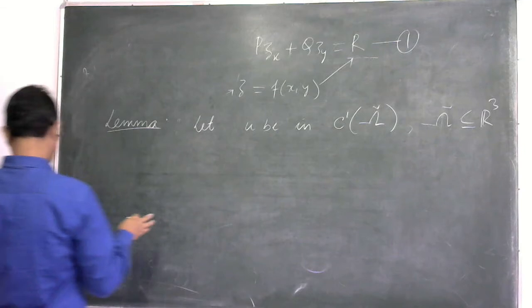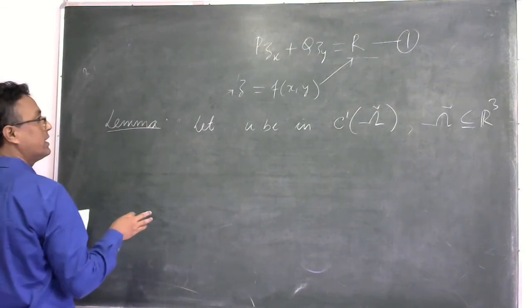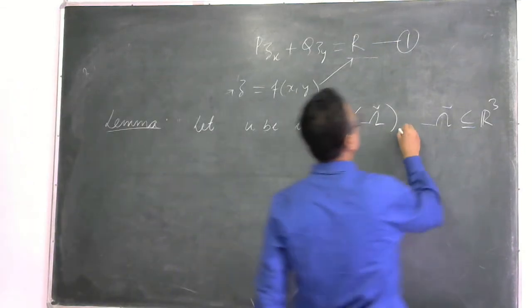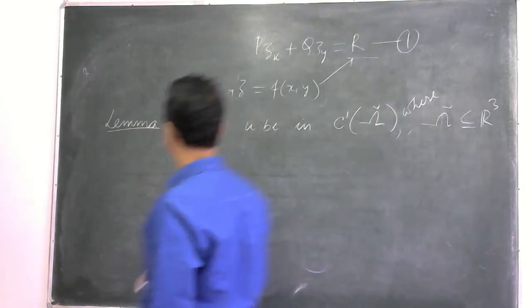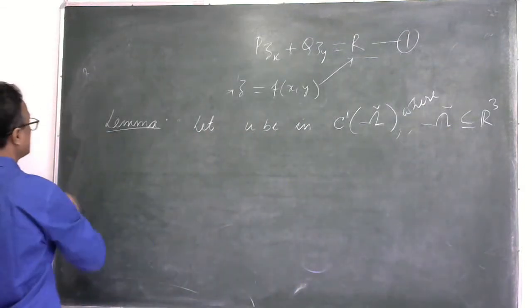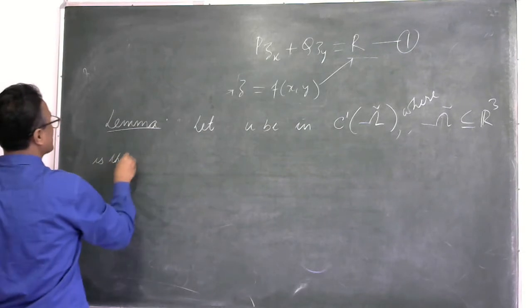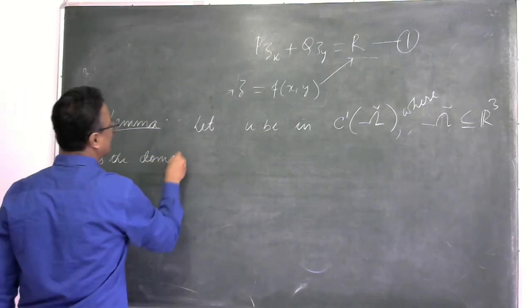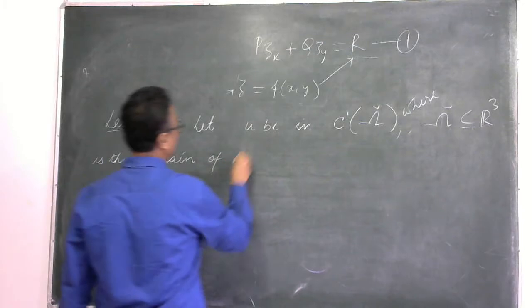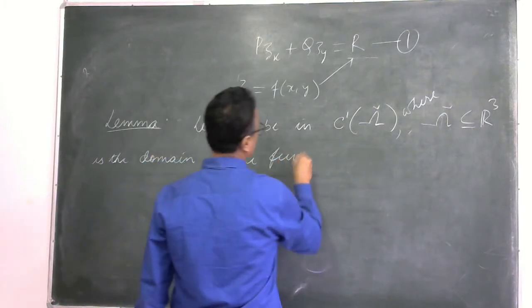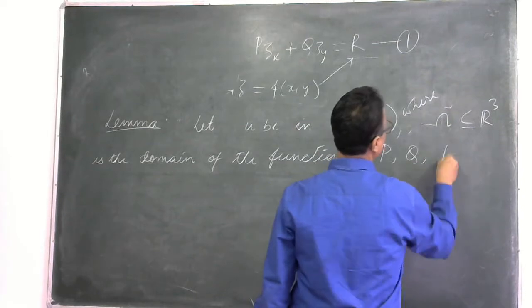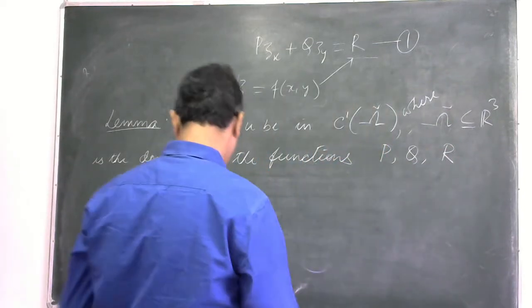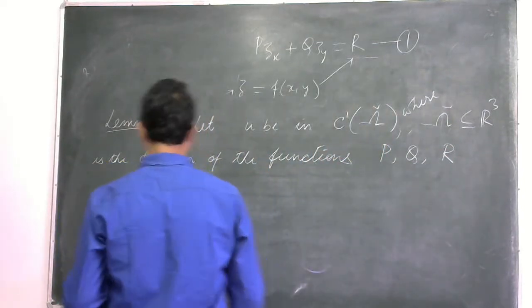Where omega tilde, as a subset of R3, is the domain of the functions P, Q, R.